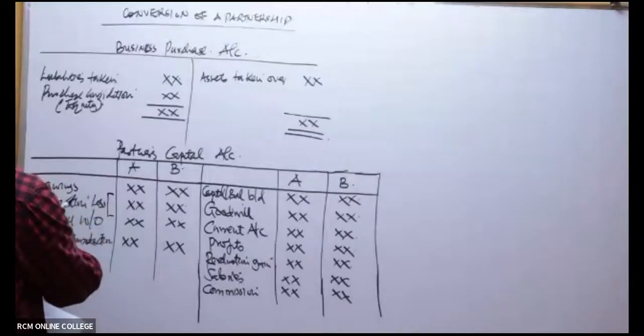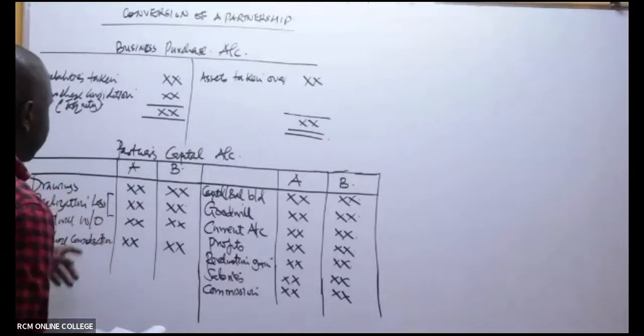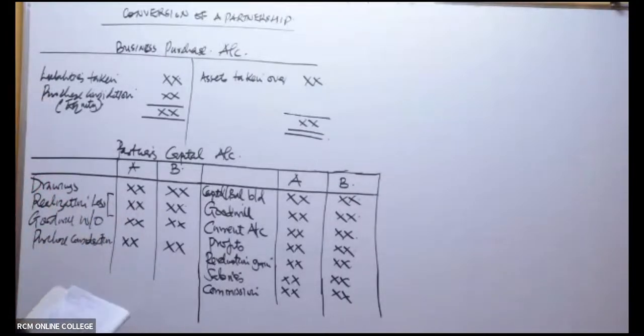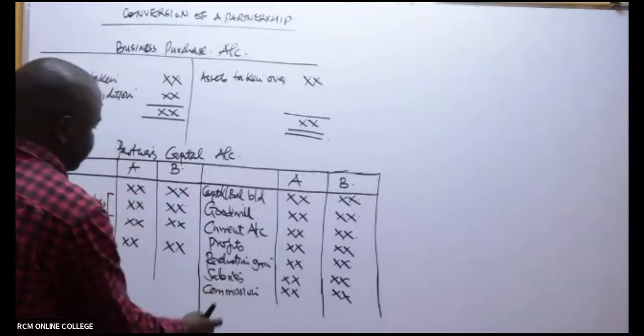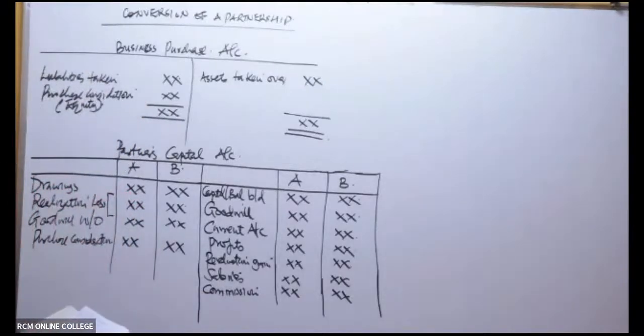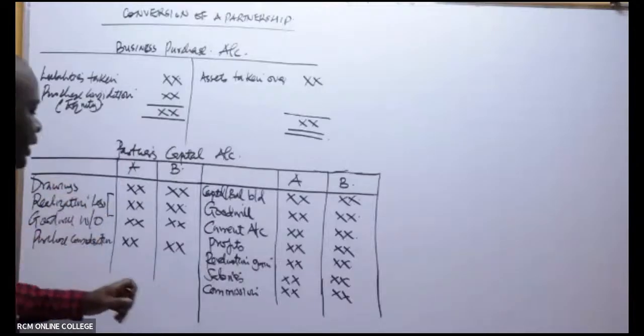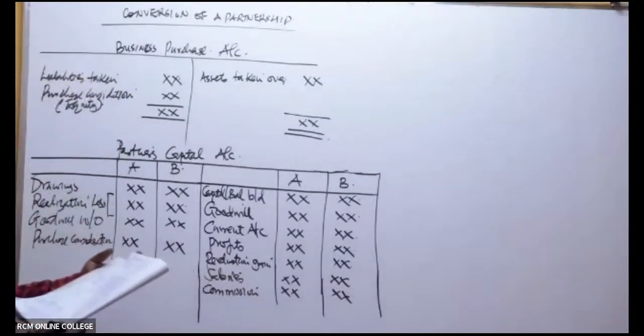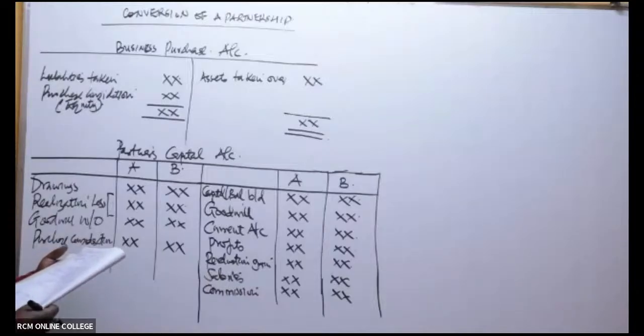So if there's any loss, it will likely be placed here. If there's any realization gain, you'll place it here. If at that point in time they are transferring or converting the partnership and they realize a loss, the balancing figure will likely be on this side. If it's actually a gain, it will likely be on this other side.